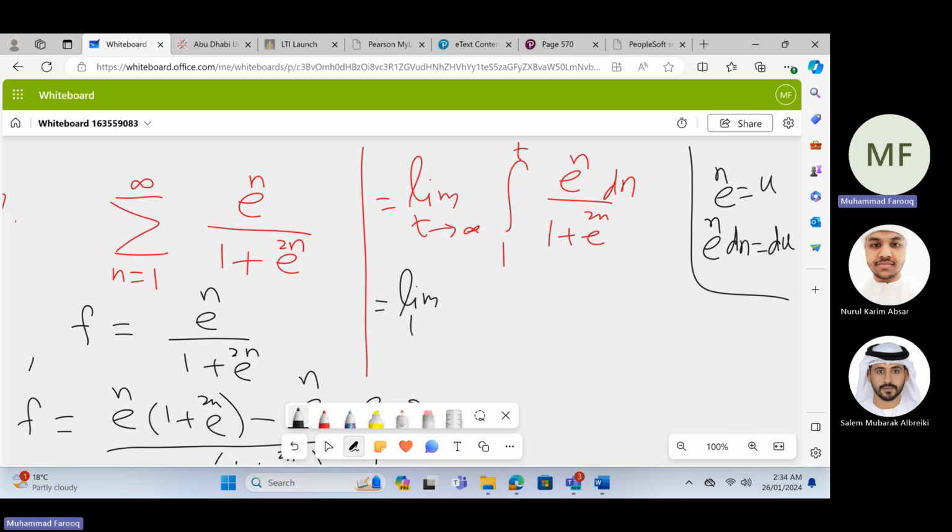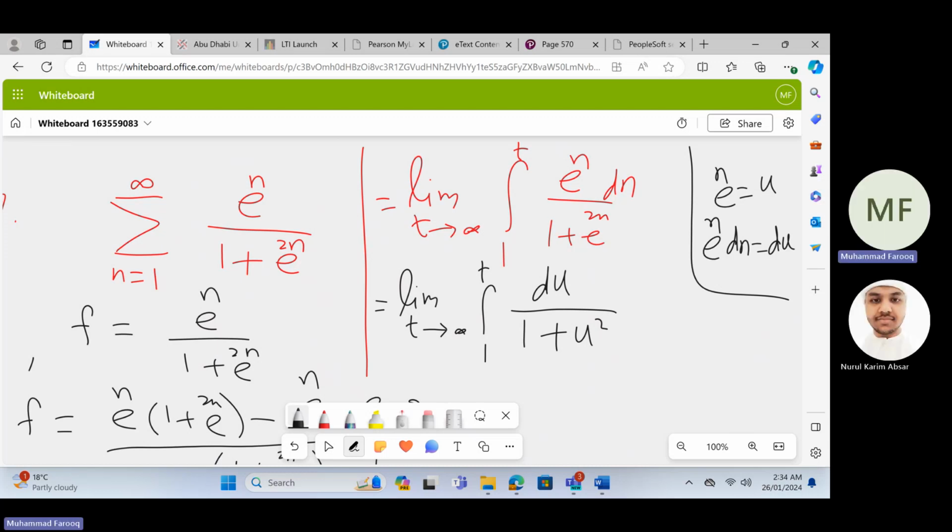Limit as t approaches infinity, integral from 1 to t of du over 1 plus u squared. Agreed? I can write 1 plus u squared because e^(2n) can be written as (e^n) squared.